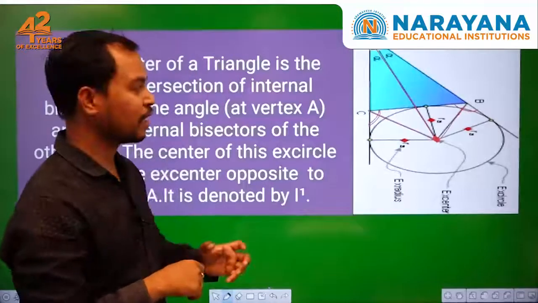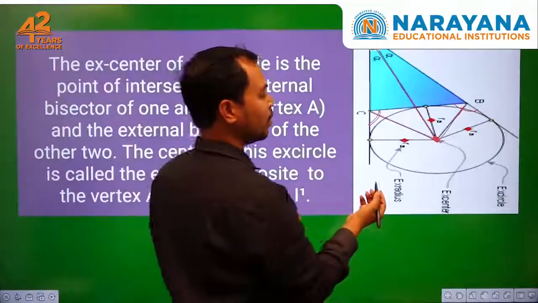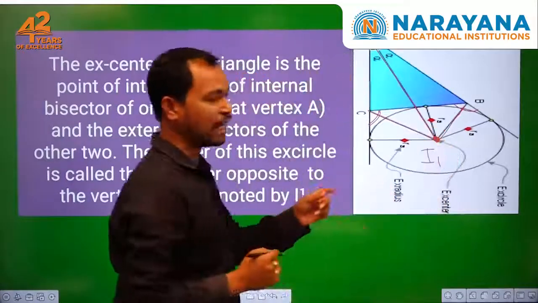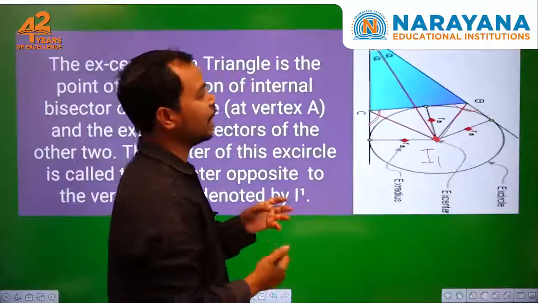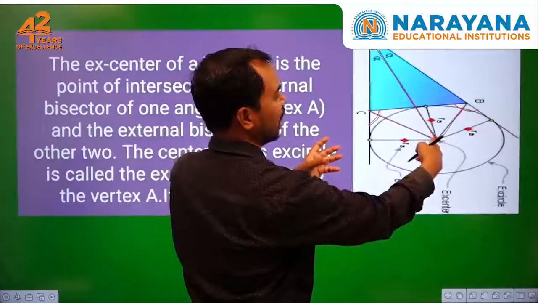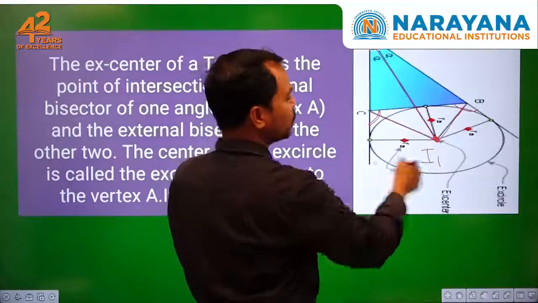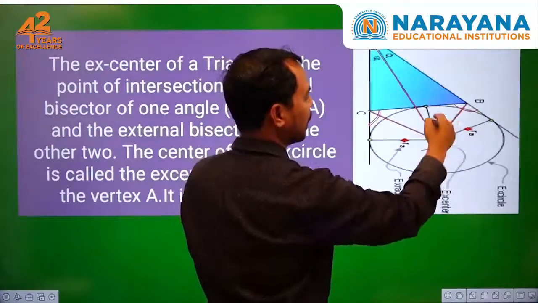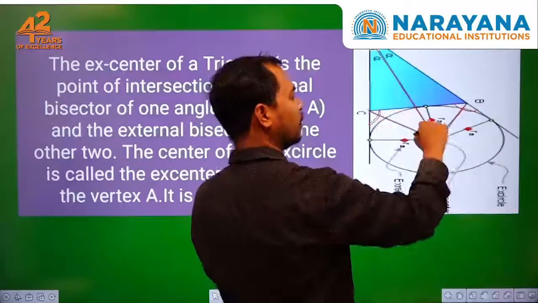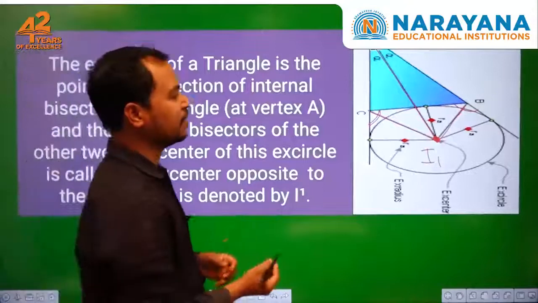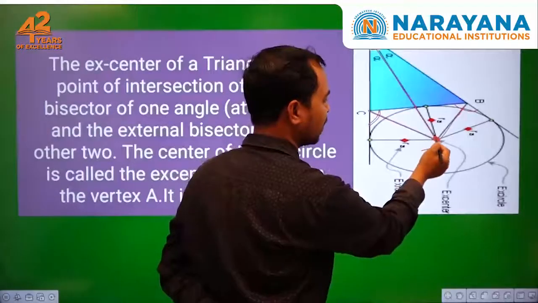The incenter is denoted with I, as we discussed in the previous class. Now the excenter is denoted by I1. See here, this is I1, the excenter, and this excenter is also equidistant to the sides of the triangle. If I draw one circle, the circle is called the excircle.